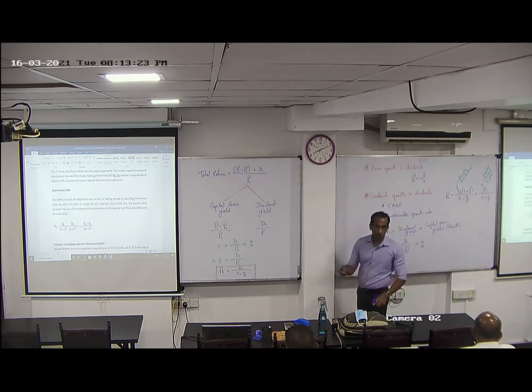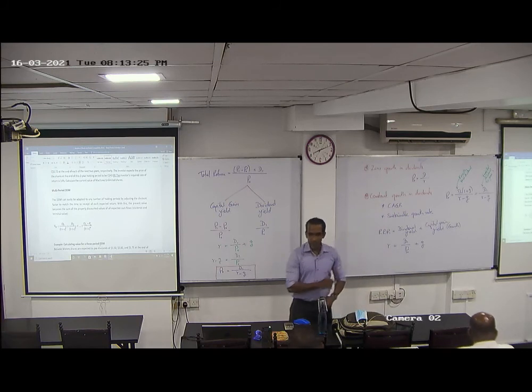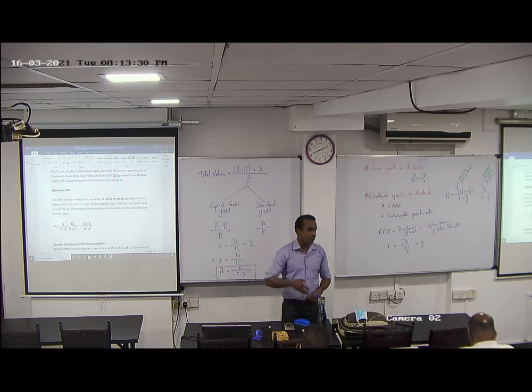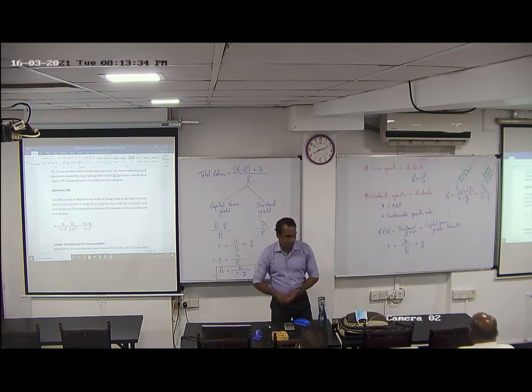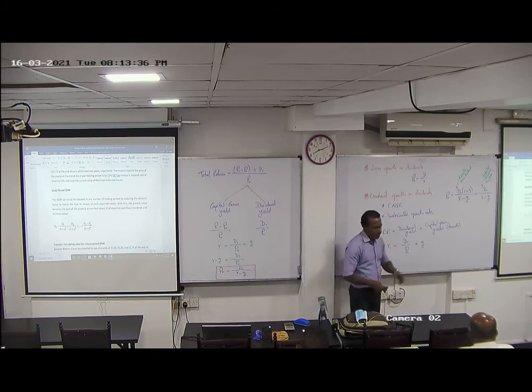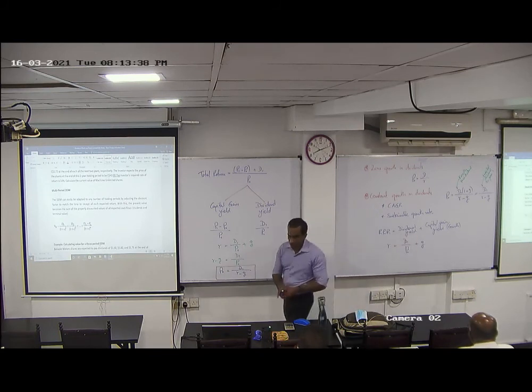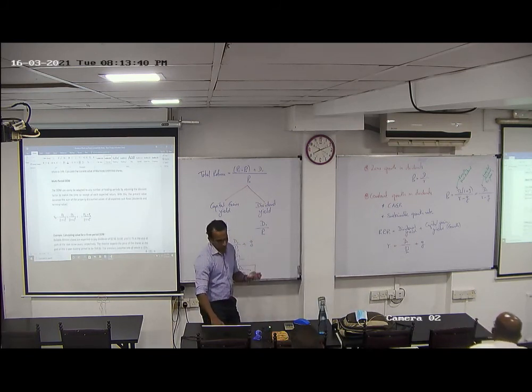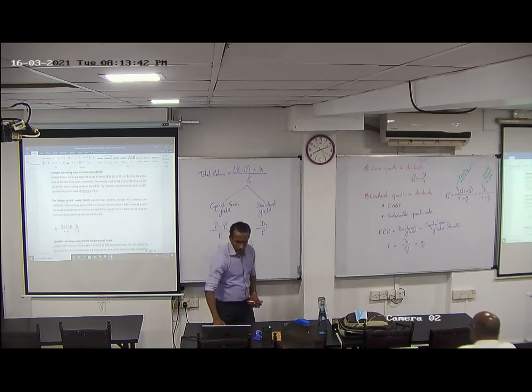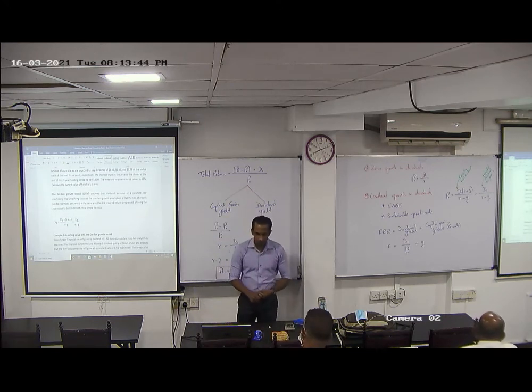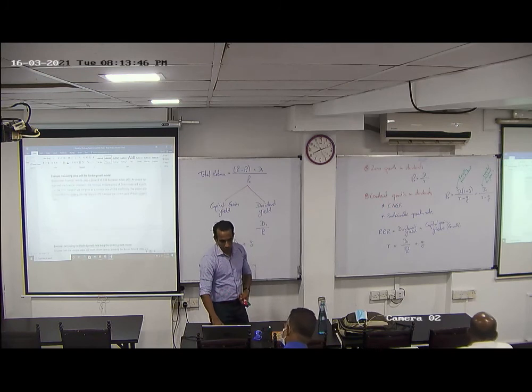If we have the dividend already paid, that means D0. If we have information related to the expected dividend, that is D1. That's what we call the constant growth model. This model is also known as the Gordon growth model, named after the person who developed it: D1 divided by R minus G.